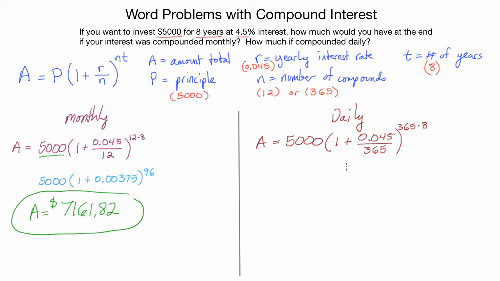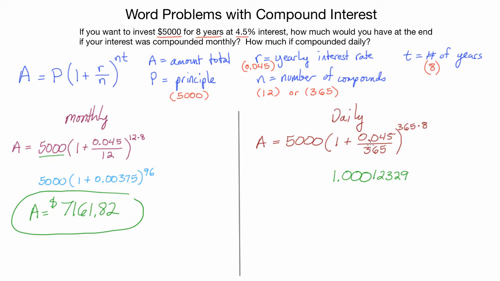I'm going to do 0.045 divided by 365 and see what decimal I get. If I simplify all that and then add the 1, I get 1.0000123, then we'll go to 9.